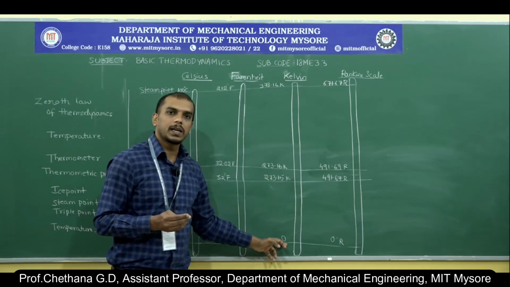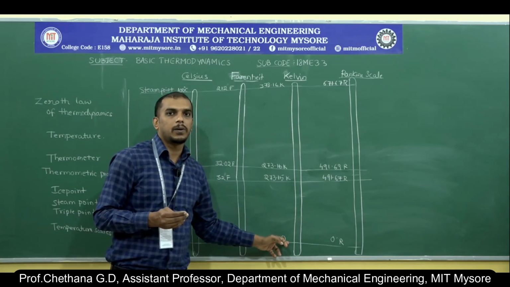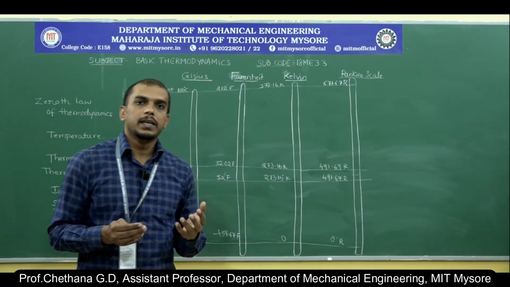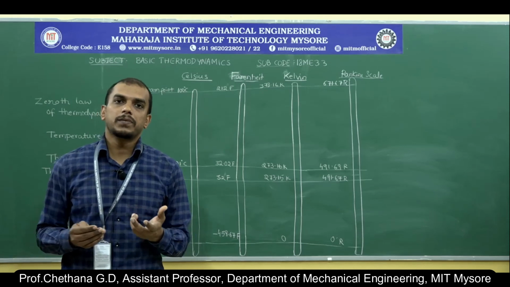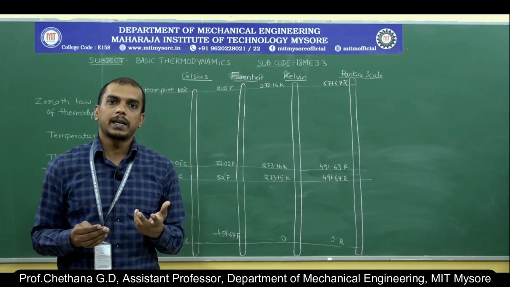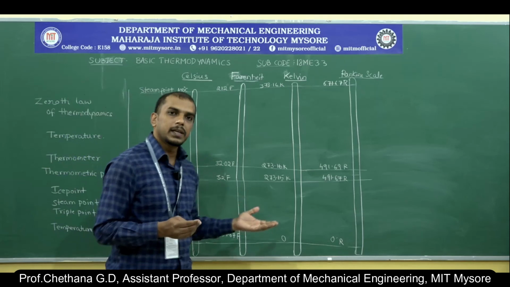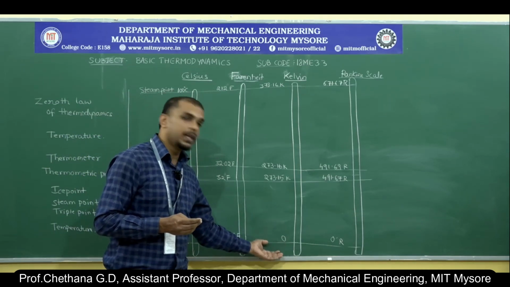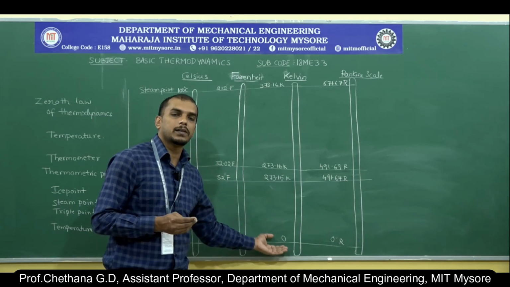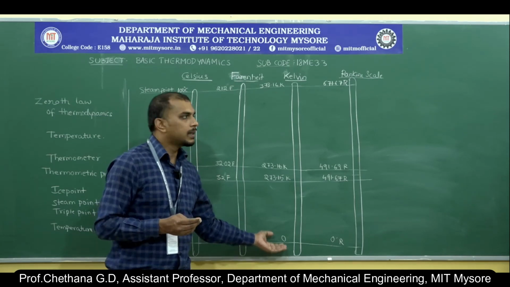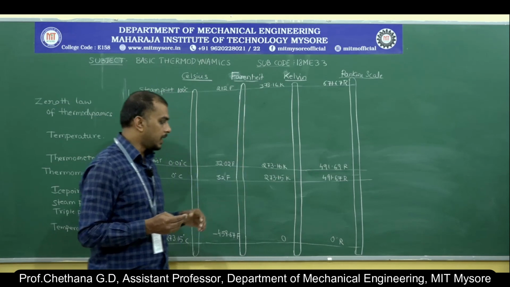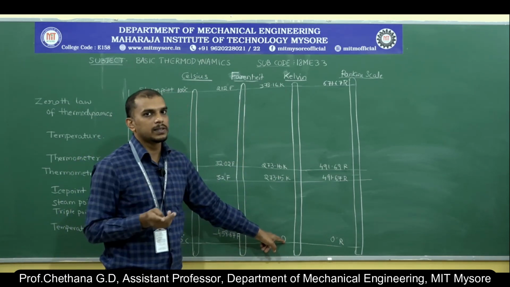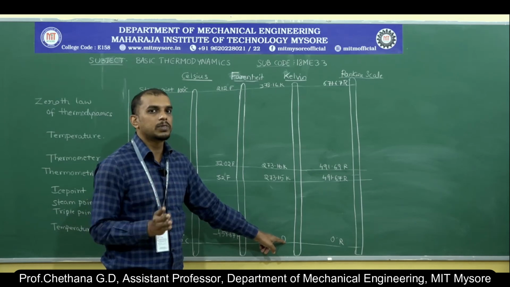In Kelvin scale, he identified that the kinetic energy of the molecule ceases at a temperature which he considered as absolute 0. So, he marked 0 as the absolute 0 beyond which there is no negative temperature.